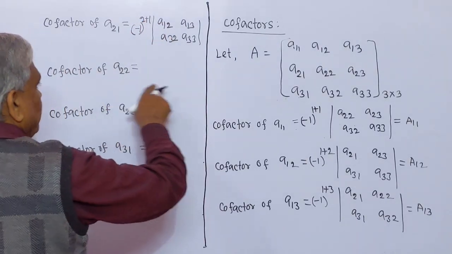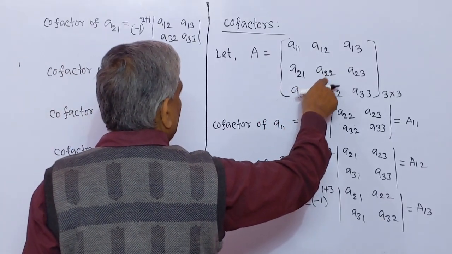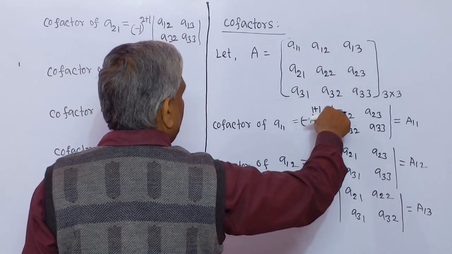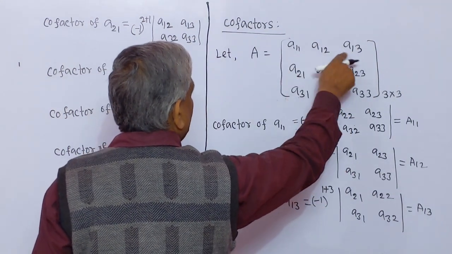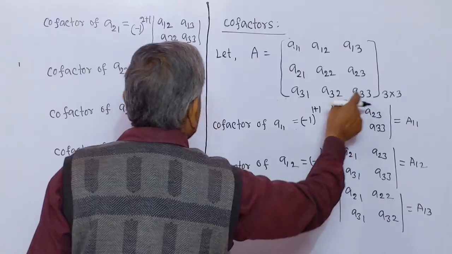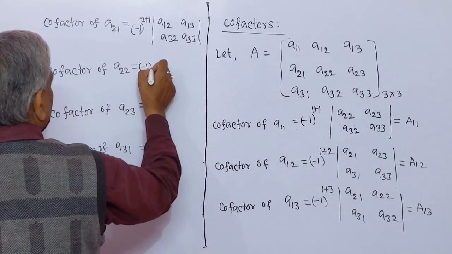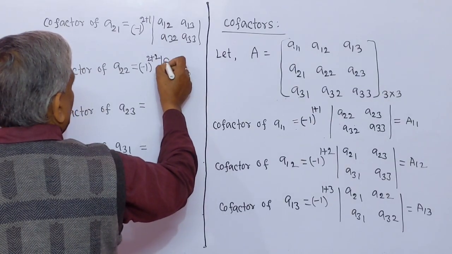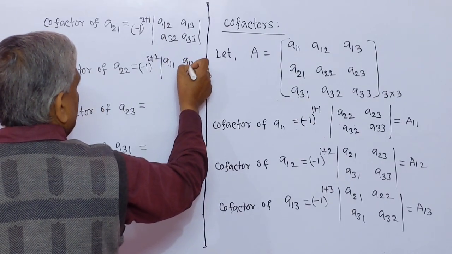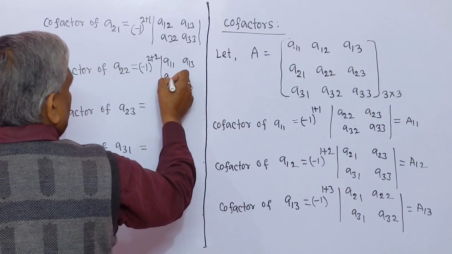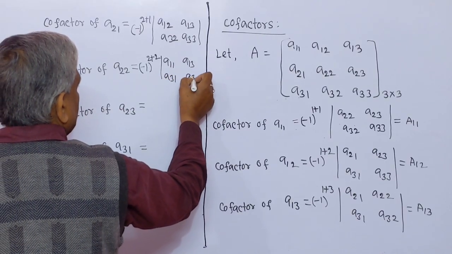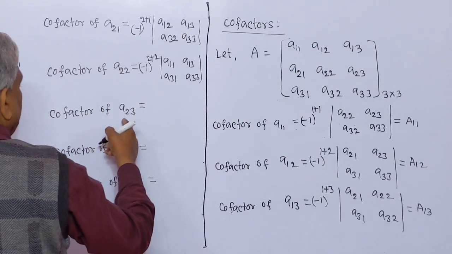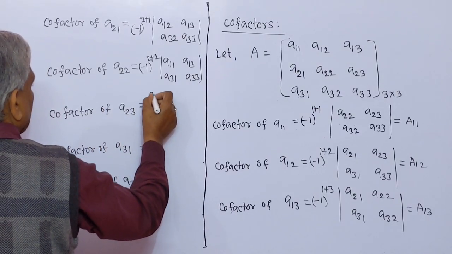Now the cofactor of A22 is in the second row and second column. We cancel the second row and second column, remains A11, A13, A31, A33, with minus 1 to the power 2 plus 2, determinant.